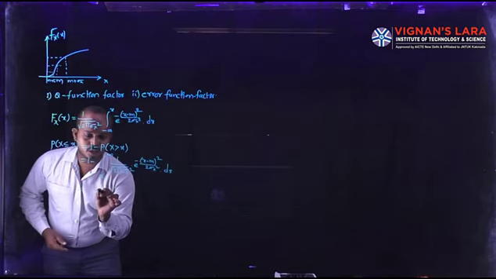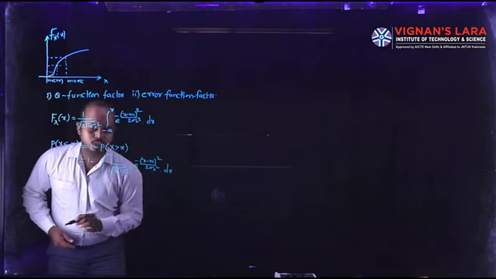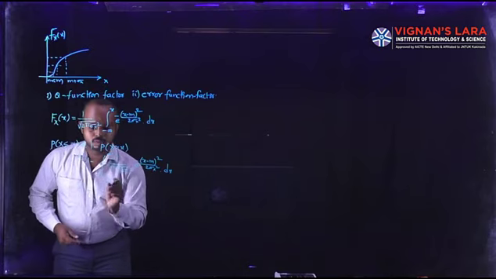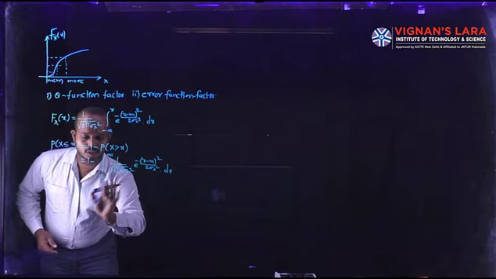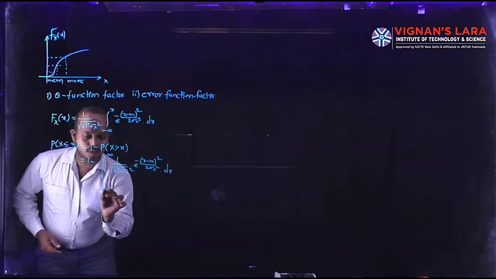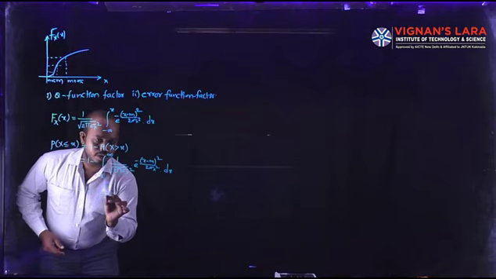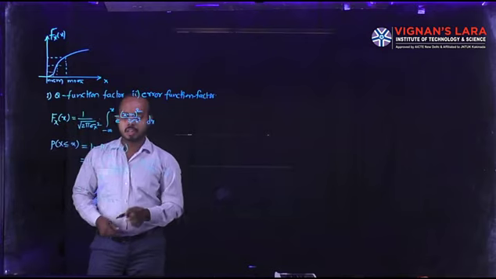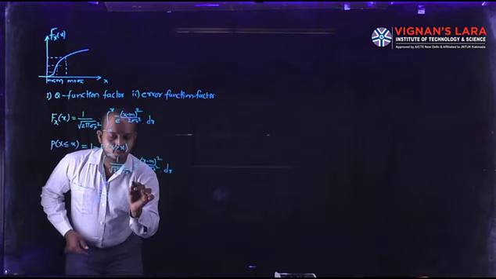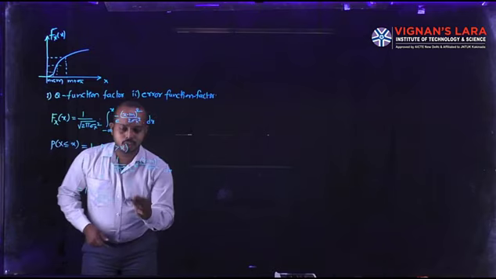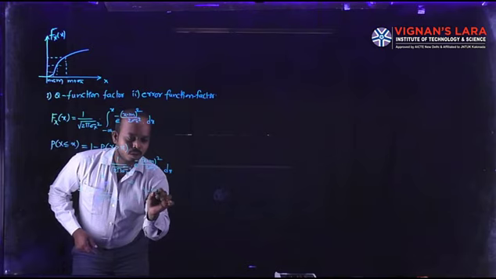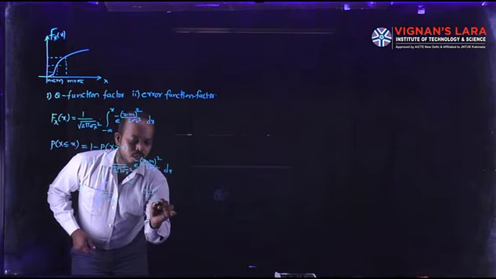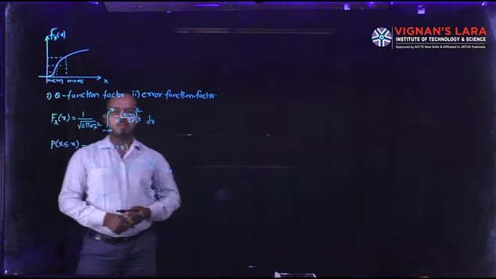Now I am taking one more step. First I write the constant value 1 divided by square root of 2 pi sigma x square, integral x to infinite, the exponential term is e power minus x minus m whole square divided by 2 sigma x square into dx.